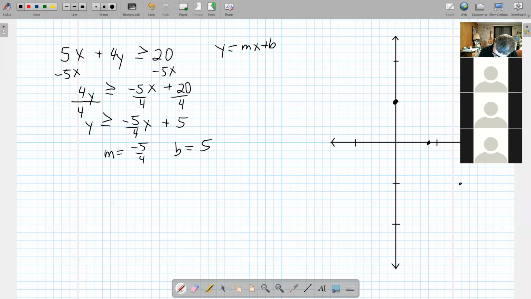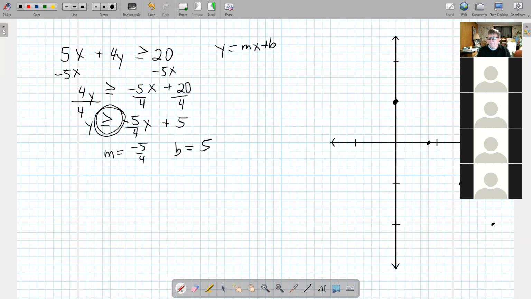And I just need to plot a few points to get the line. Two of them is enough, but the more points you plot, the easier it is to line things up. So now my question is, I'm going to draw a line through those dots. Is it going to be a solid line or is it going to be a dotted line?